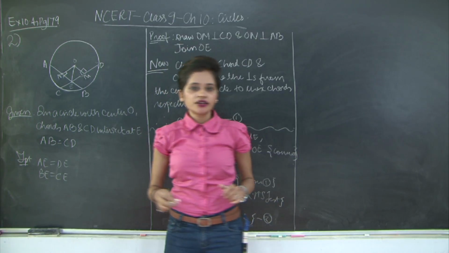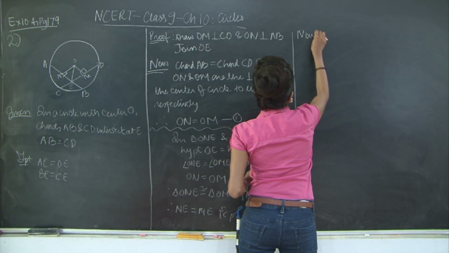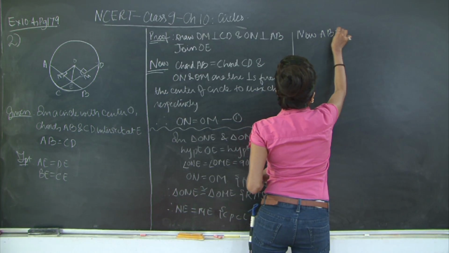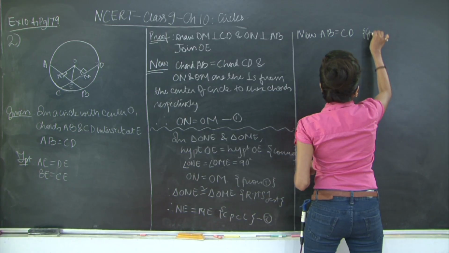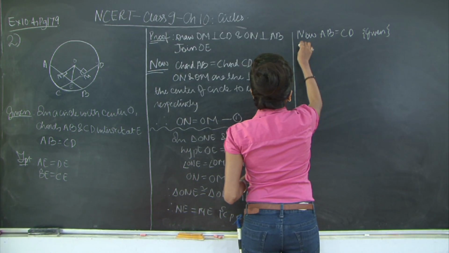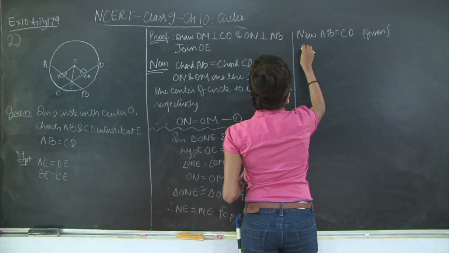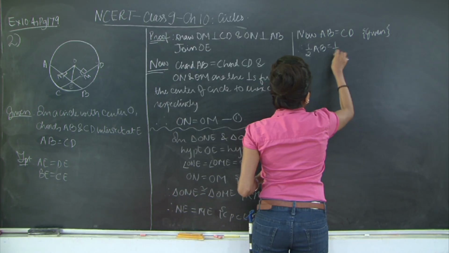So let's go ahead and write the proof for this. I'll say now, AB is equal to CD. This is given. Therefore, half of AB is equal to half of CD.